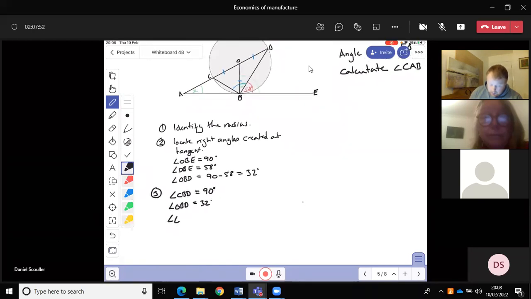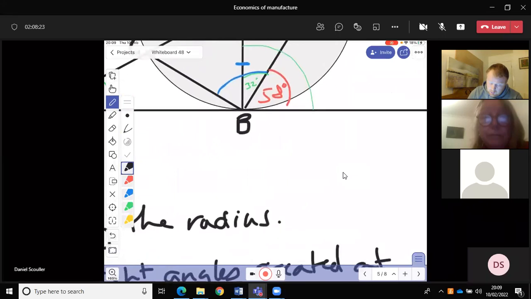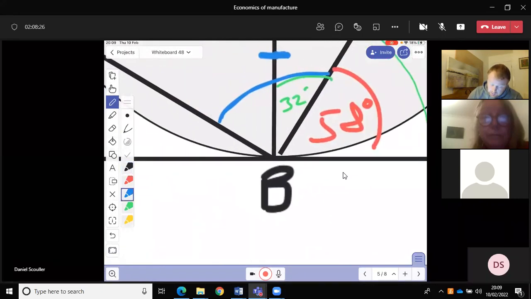Angle CBO is equal to 90 minus 32, which is equal to 58. Okay, so we've just found out this angle in here.